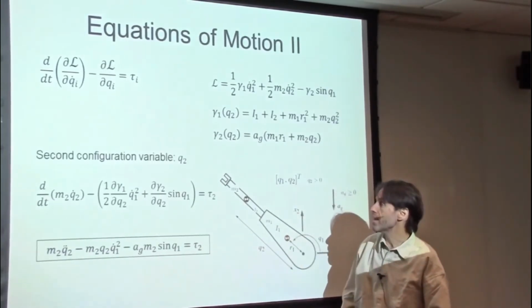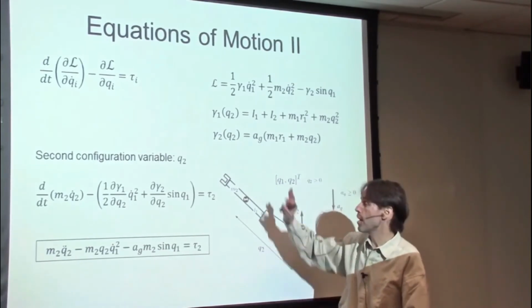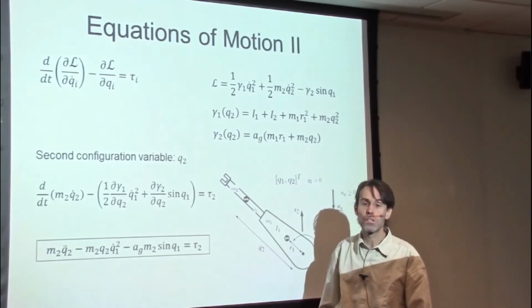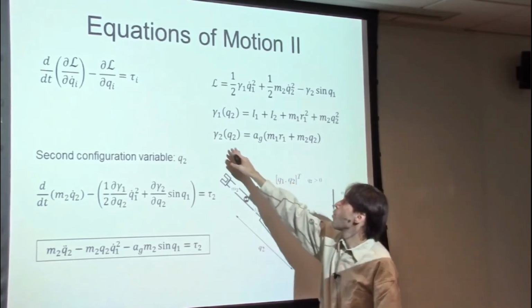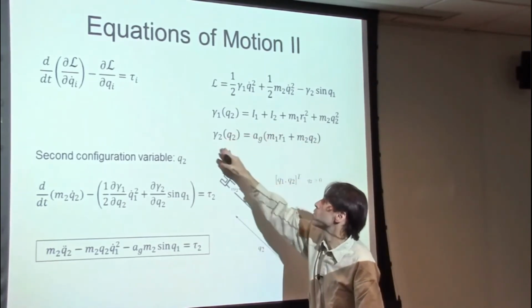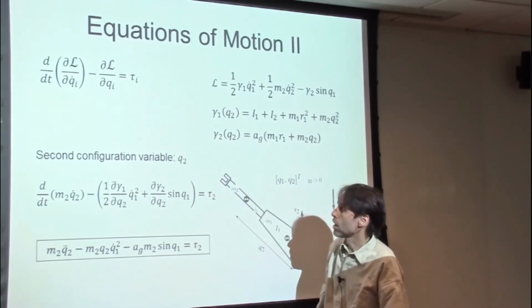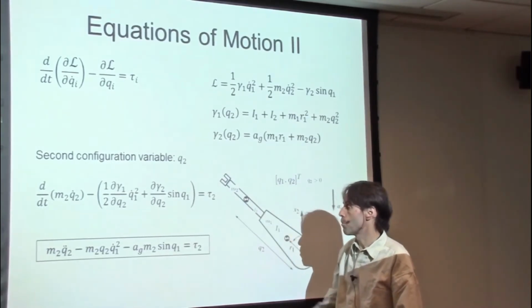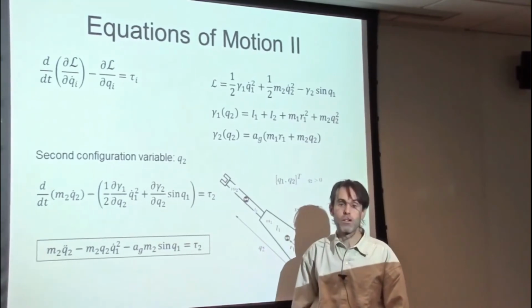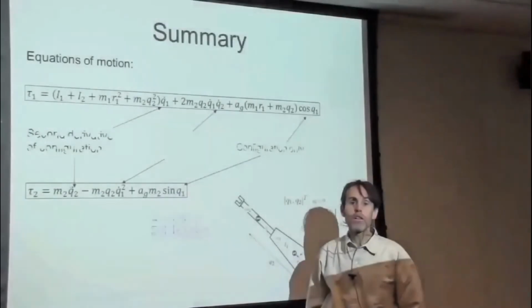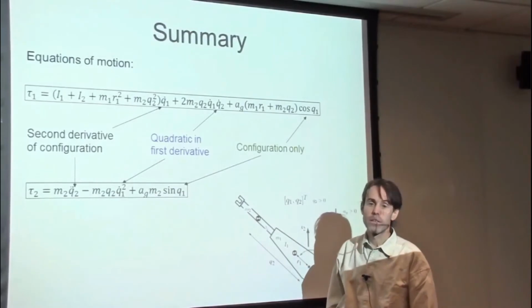For the second generalized coordinate, we play the same game, and remember, we may have an opportunity to use the chain rule to break out a d gamma 2 dQ when coming up with the second Lagrange's equation. So now let's look at the two equations together.